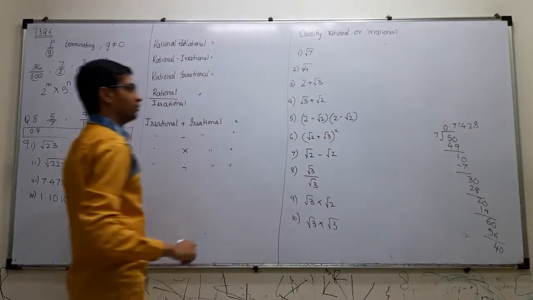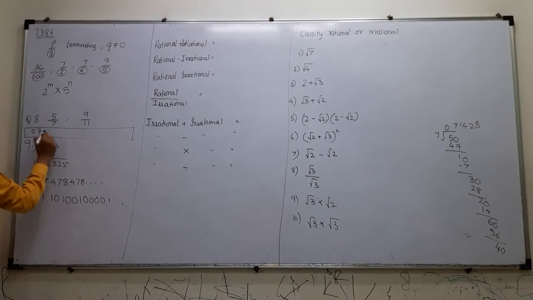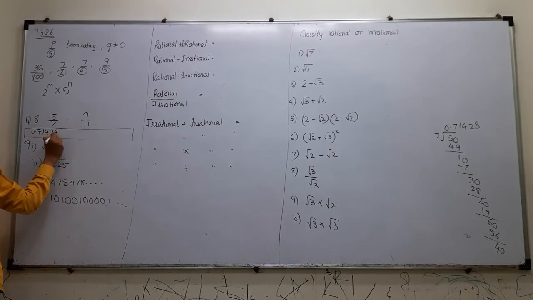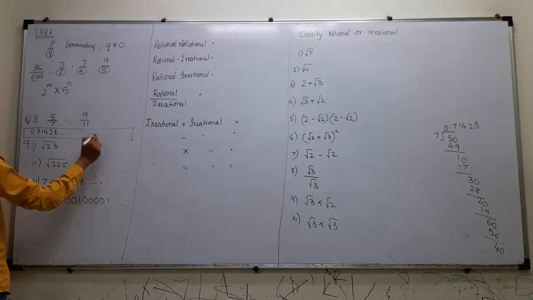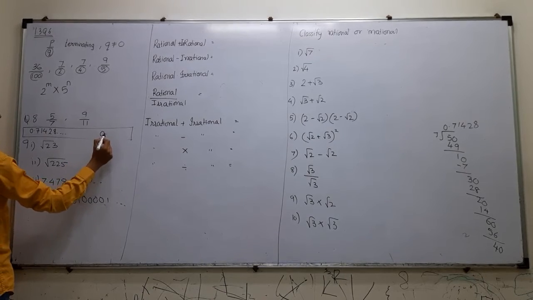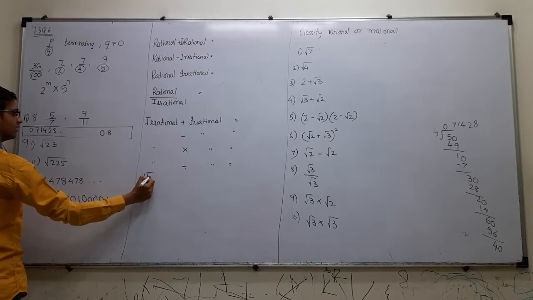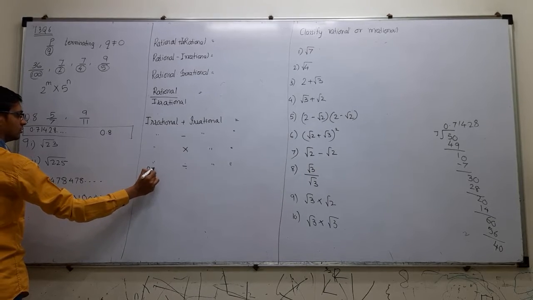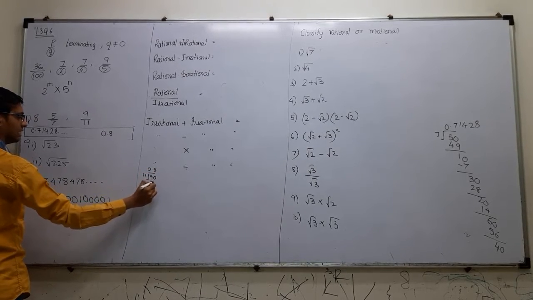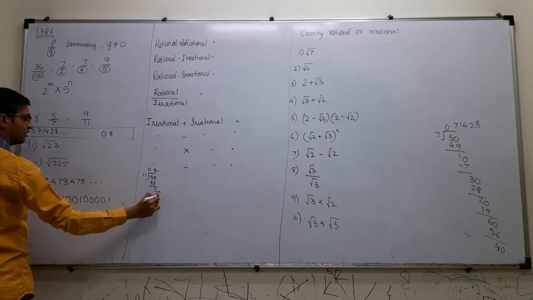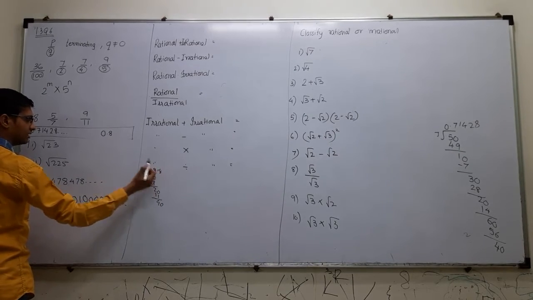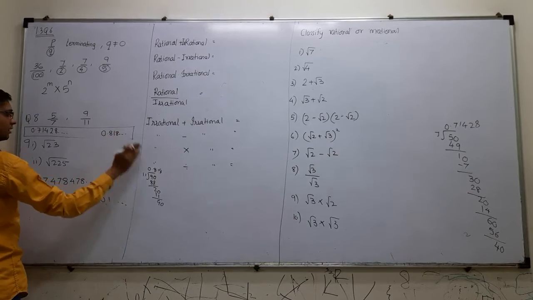So I am getting 0.71428 and something. If I divide 9 by 11, I will get 0.8. 11 eights are 88, 2 0, 11 ones are 11, 9 0, 11 eights are 88. That is 0.818 and so on.